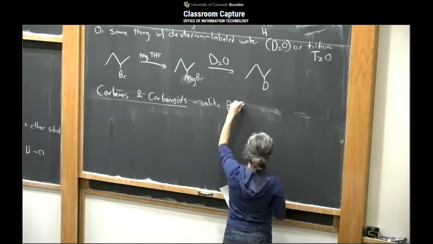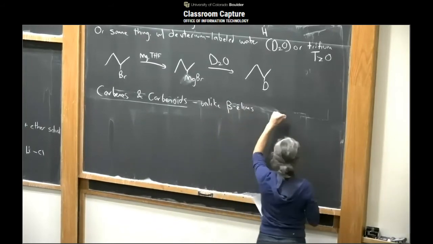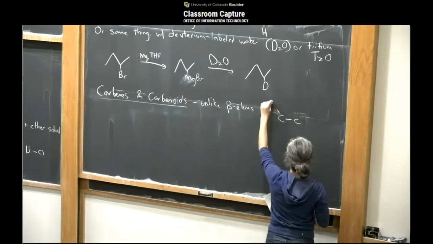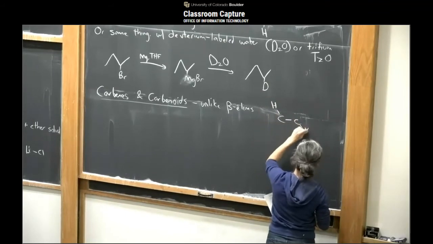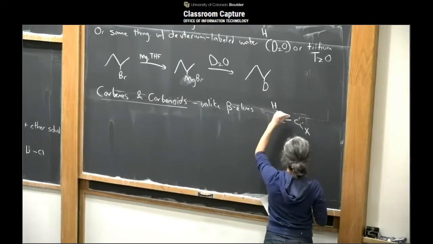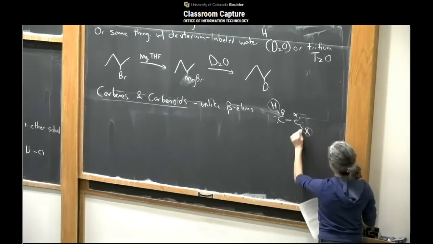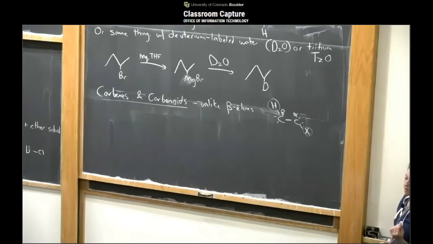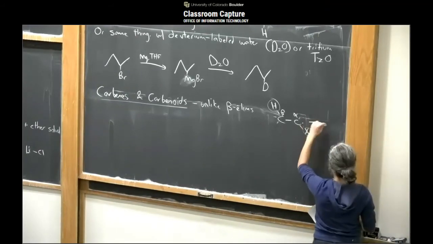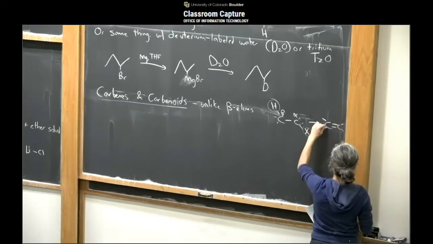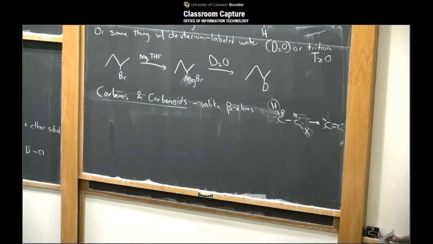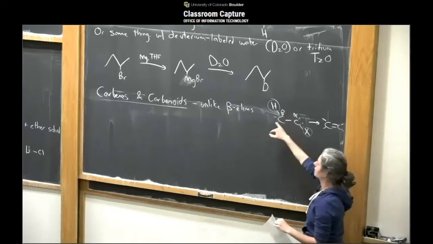Unlike beta eliminations, where you lose a beta hydrogen and then the halogen off of the alpha carbon, that's the general idea of what's happening in both E1 and E2. Remember, we're losing the H off of here.